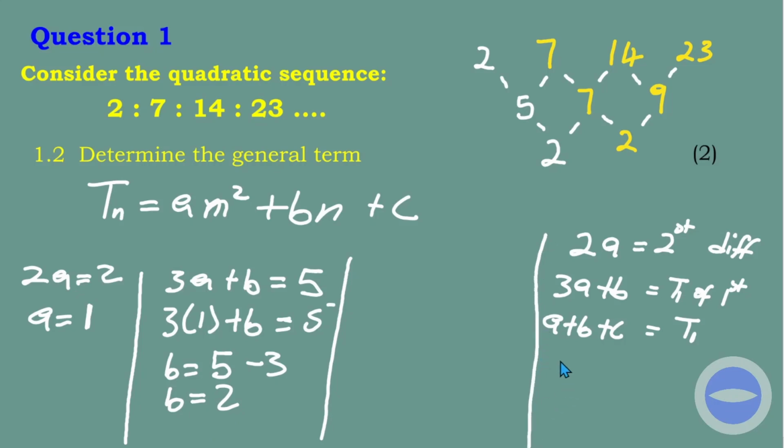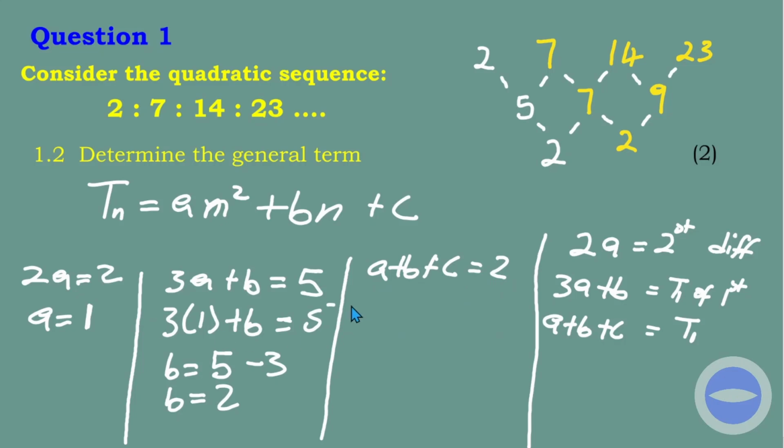Now we are going to solve for c. We're using the last equation. You can say a plus b plus c equals T1 of the sequence, which is 2. We have the value of a, we have the value of b.